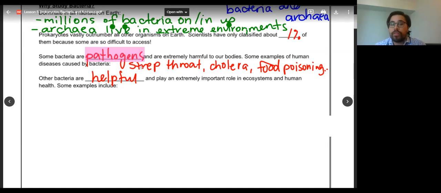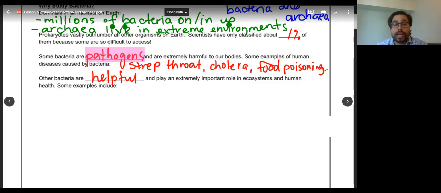Strep throat is a throat infection as a result of a specific bacteria. Cholera, same thing. And food poisoning, if you've ever had undercooked meat, you can get food poisoning from that.